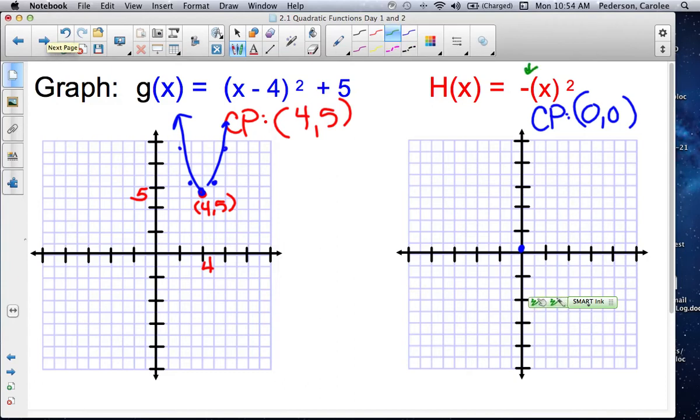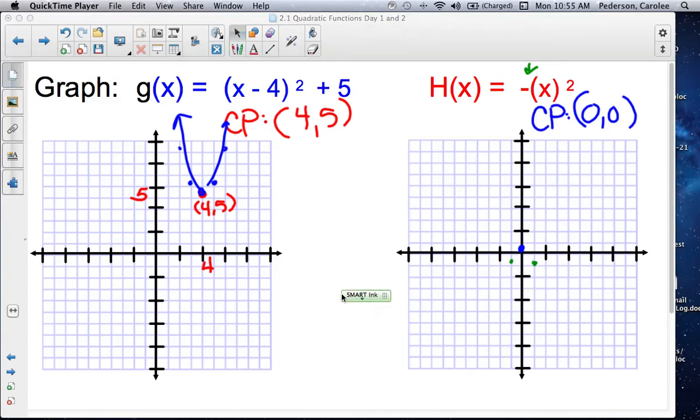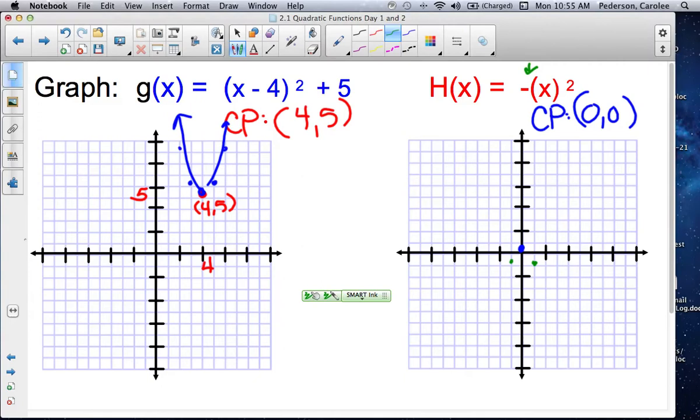This negative reflects it about the x-axis. No changes happened in the shape of that graph. That should be through 0, 0. Again, my smartboard needs to be recalibrated.